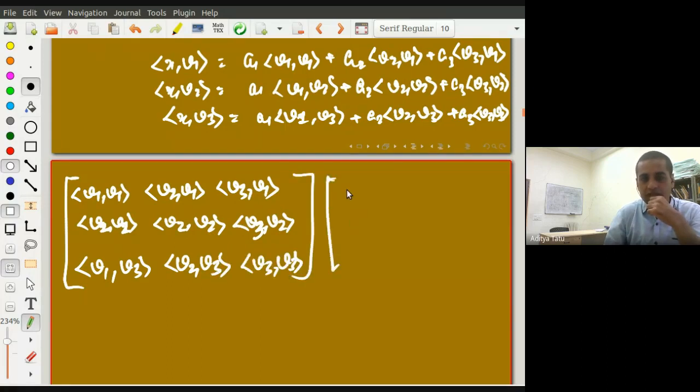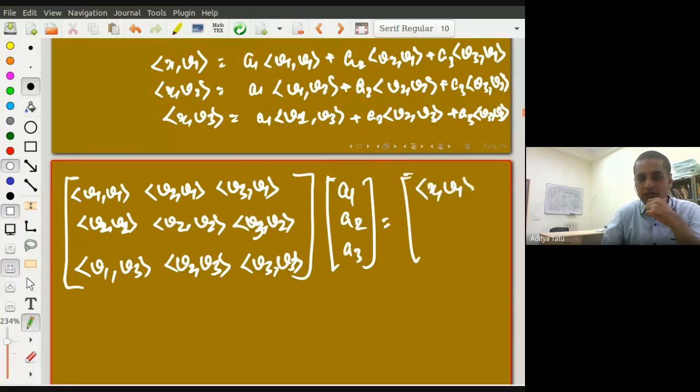This times your unknown coefficients A1, A2, A3 is going to be equal to your right hand side vector that we usually denote by B.